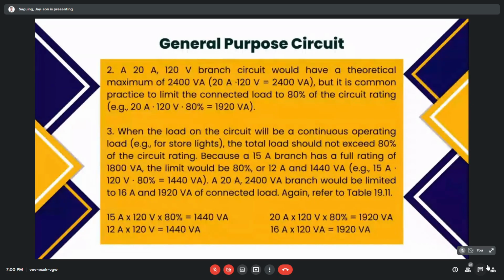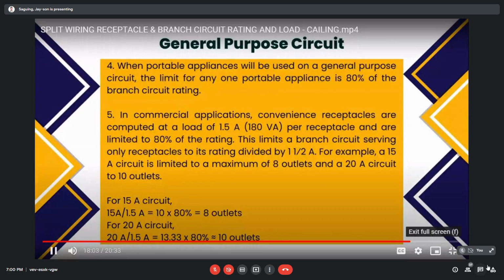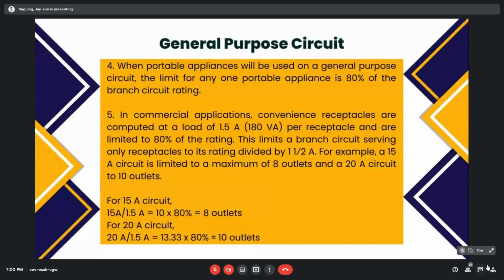1920 volt amps. Number 4, when portable appliances will be used on a general purpose circuit, the limit for any one portable appliance is 80% of the branch circuit rating. And number 5, in commercial applications, convenience receptacles are computed at a load of 1.5 amps, which is 180 volt amps, per receptacle and are limited to 80% of the rating.